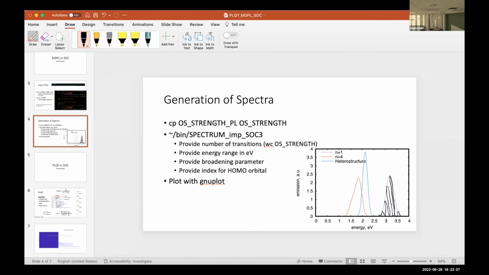Adam, would you confirm that this figure looks similar to what you did in the past? Yeah, it does. It looks like one of the figures.